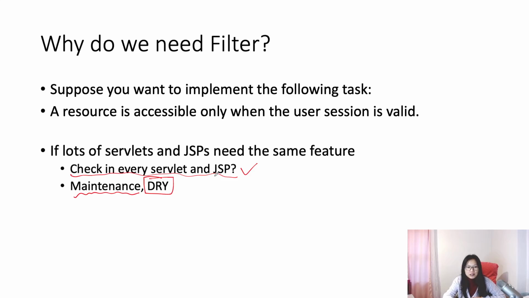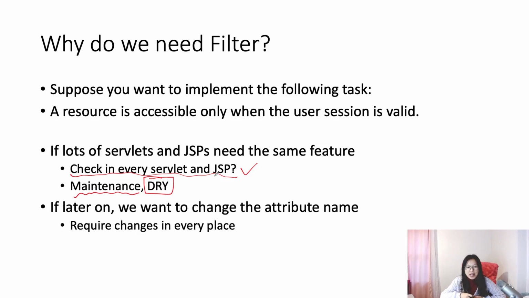And again, suppose in the near future, at the beginning you use session.setAttribute with the key user and some value, and when you check, you use session.getAttribute with the key user, which is just one string.